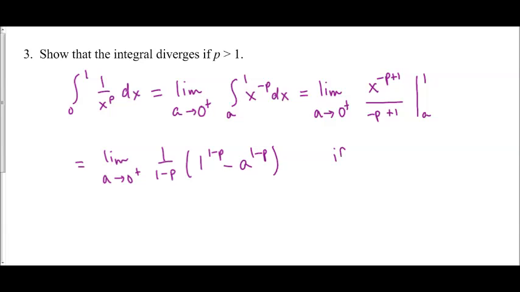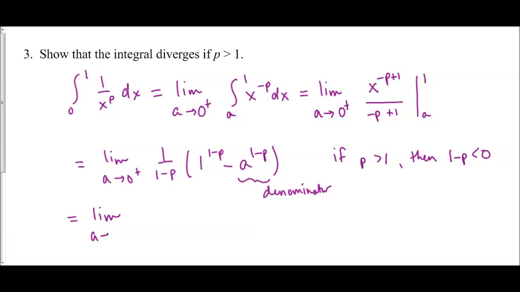Well, if p is greater than 1, then 1 minus p is going to be less than 0. And that means that this factor here is going to go to the denominator.